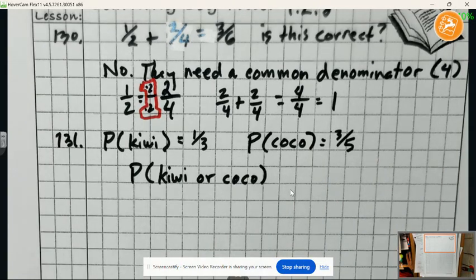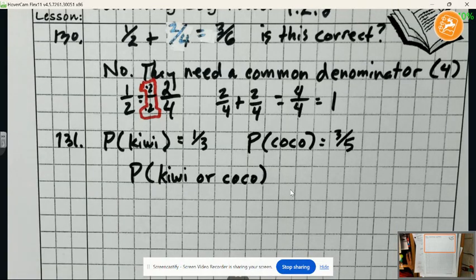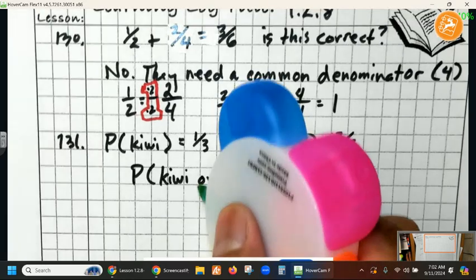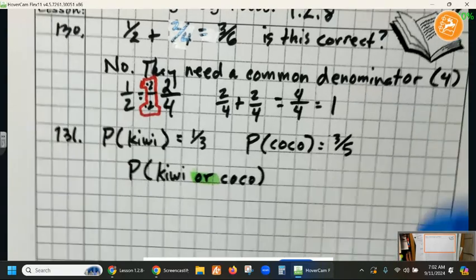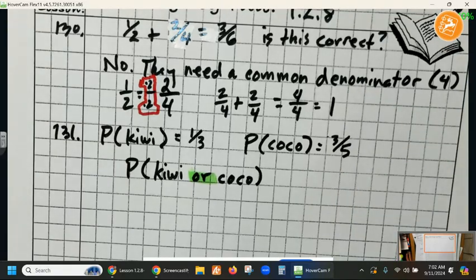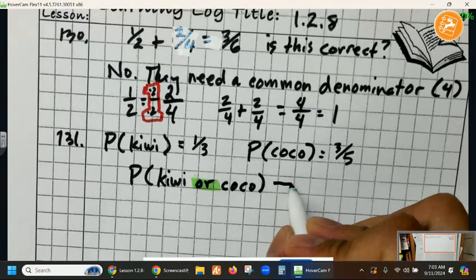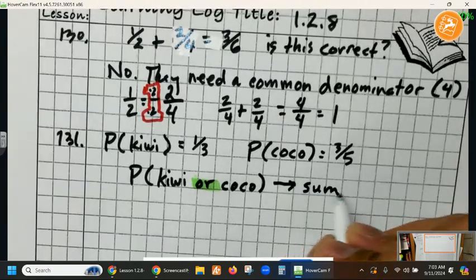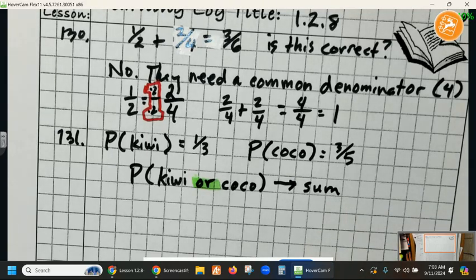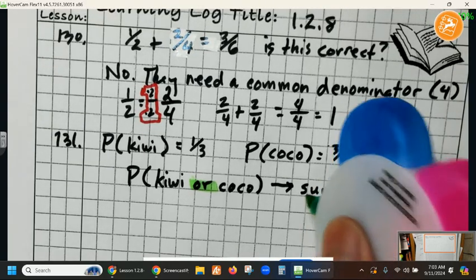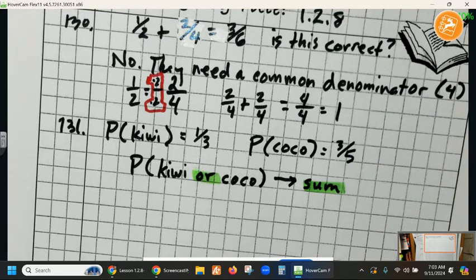Okay, and what we learned in a previous lesson is whenever we see this word in a combined probability problem, that means that we are trying to find the sum of those two probabilities, right? The probability of kiwi or coconut means what is the sum.